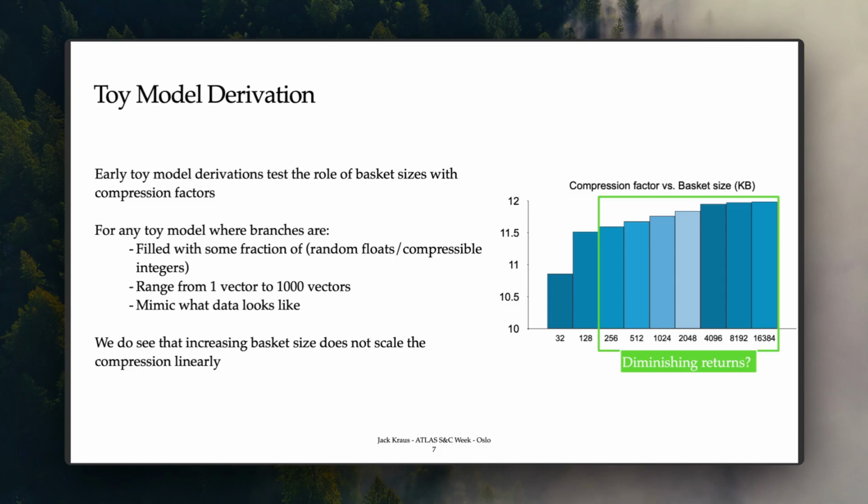We wanted to see how the compression factor changes based on the basket size. After a couple different tests, setting the basket size to 32 kilobytes, 128, and so forth, we see a plateau effect after 128 kilobytes, and we start to see something like diminishing returns afterwards. So we wanted to make sure, okay, how would this look with real data and Monte Carlo simulation?